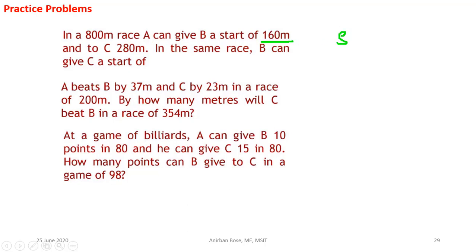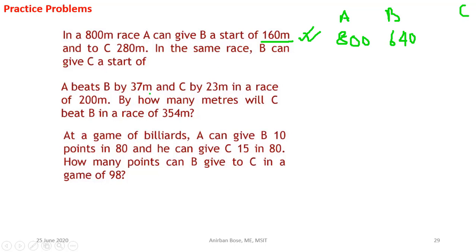So if this is 800 for A, then what will be B? 800 minus 160, that is 640, and C 280, so 800 minus 280. In the same way, B can give C a start of. So in this way, you have to solve the similar problem. These problems need not be discussed because they are exactly similar.